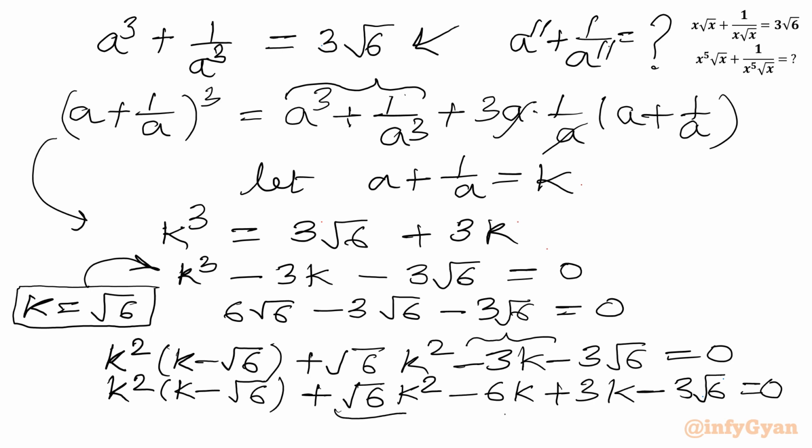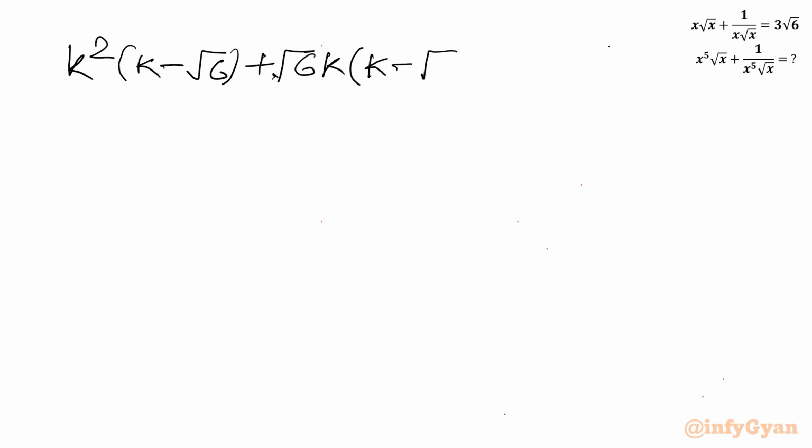Now here I will take common root 6 and here I will take 3 common. So it will come out, let me write here, k square times k minus root 6. Then if I take root 6k common, it will be root 6k in bracket k minus root 6. And once I take 3 common, we will get the same bracket k minus root 6 equal to 0.